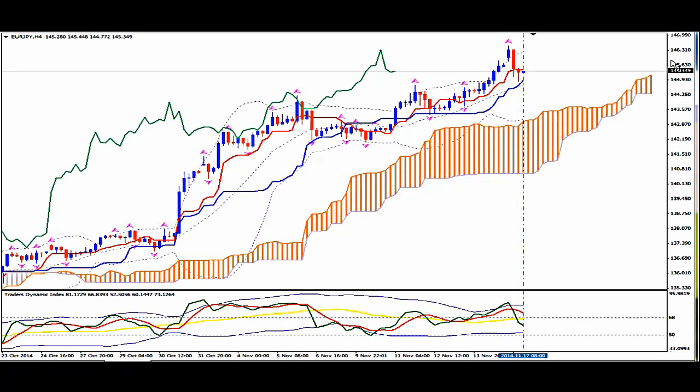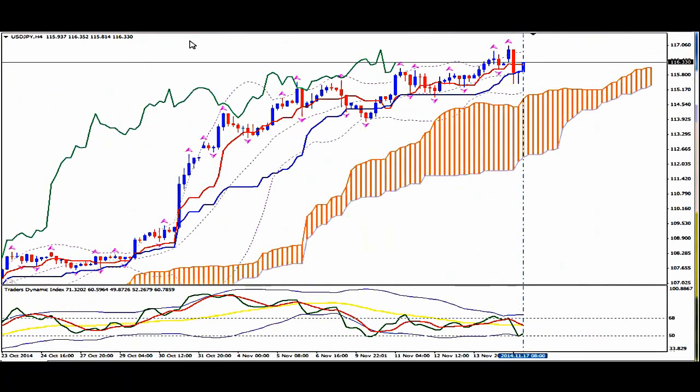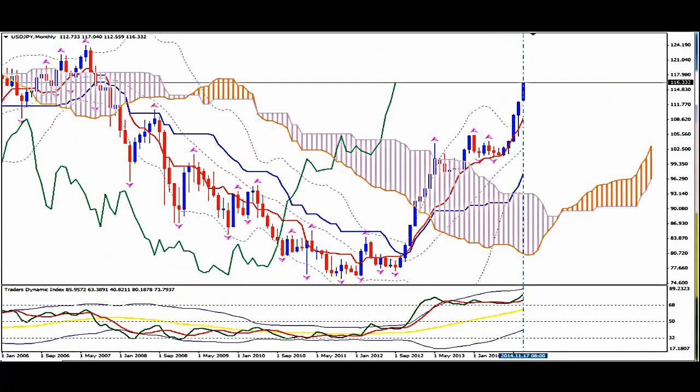Now, let's see the picture of USD-JPY. USD-JPY shows aggressive bullishness. Let's see the big picture on monthly. Absolutely bullish on monthly.